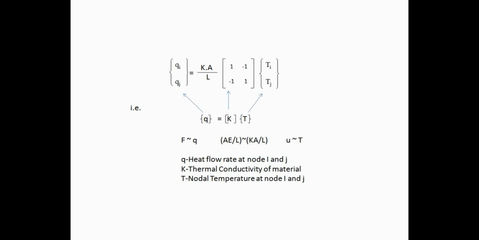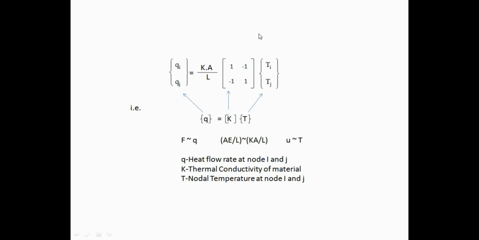So the global equation for the thermal element will be Q, the heat flow matrix, equal to K, the thermal conductivity matrix, into the nodal temperature matrix. That is, the heat flow matrix Qi, Qj for this element at I and J node equals KA upon L, where K is thermal conductivity, A is cross-section area and L is length, into the matrix [1 -1; -1 1] times the nodal temperatures Ti, Tj.